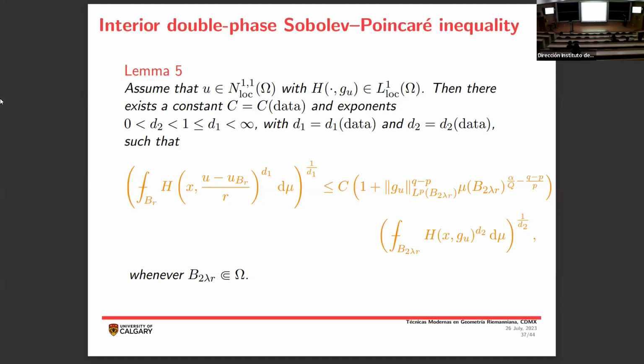This is precisely the term that we didn't want to just absorb into the constant. And this measure of the ball comes from the fact that we are working with a quasi-distance in the Hölder norm.